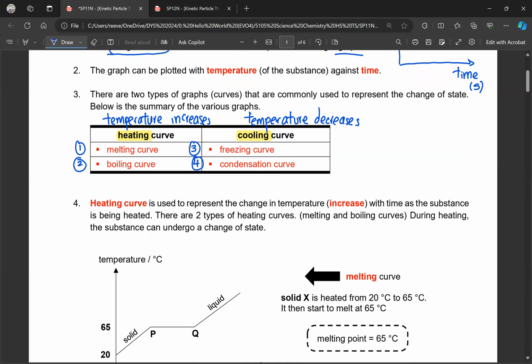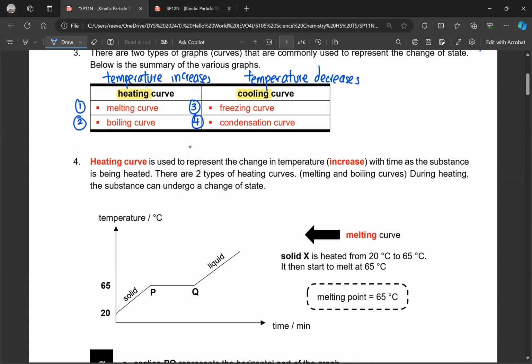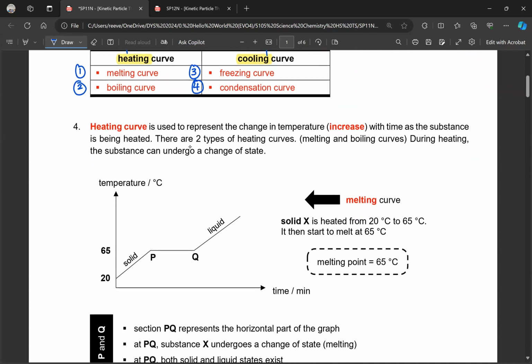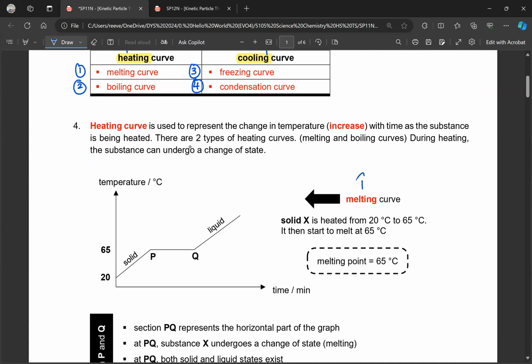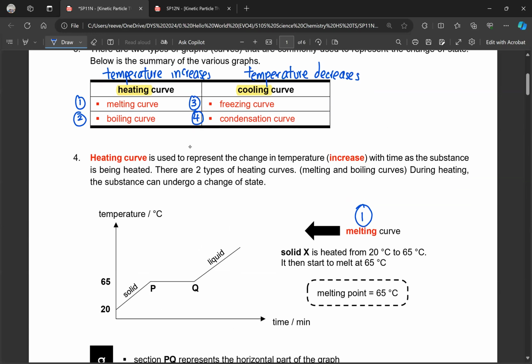Let's start with the heating curve. This is the first one, number 1. It's called a melting curve. There are two heating curves, melting and boiling. Number 1 and number 2 are both heating curves.